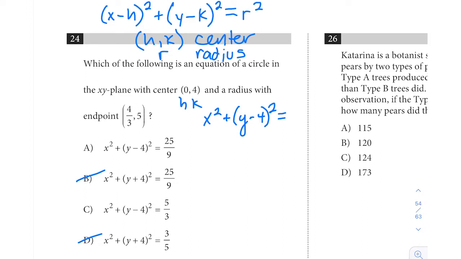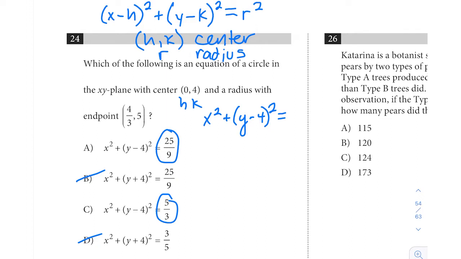Now we want to take a look at what it's equal to. And it says that it's equal to r squared. So we could take the time to solve for r using the distance formula, and we could then square that value. But if we look at the relationship between answer choice A and answer choice C, we can see that you have 25/9 and you have 5/3.